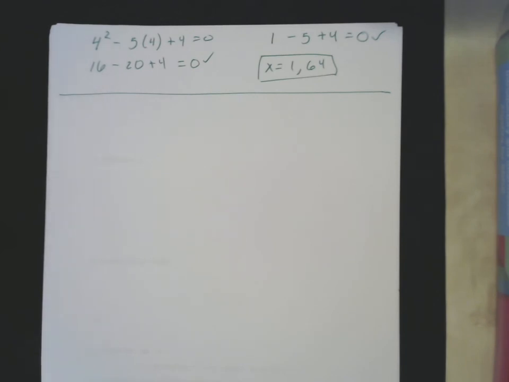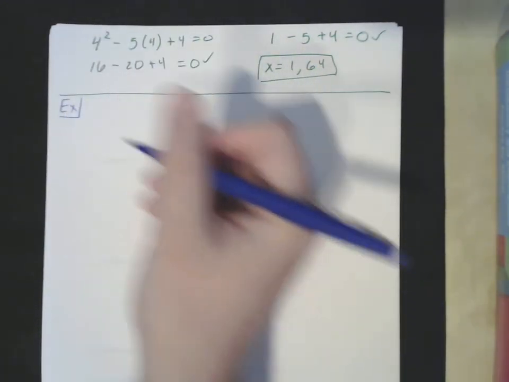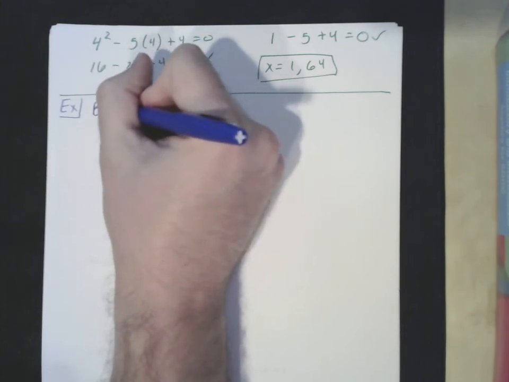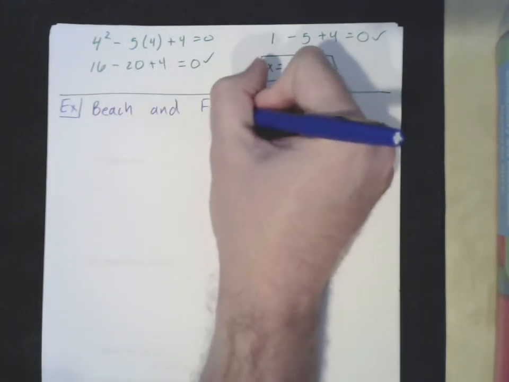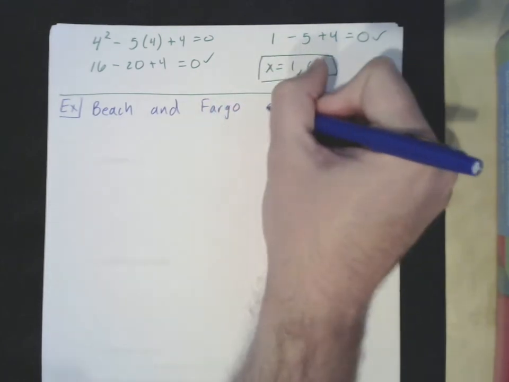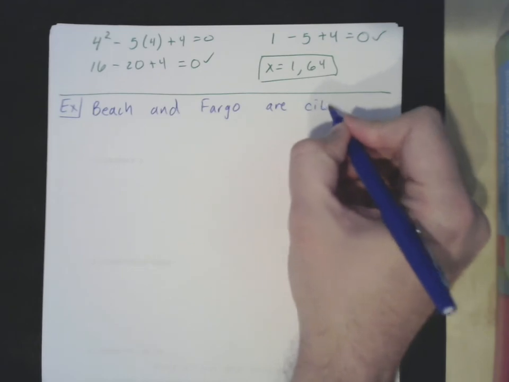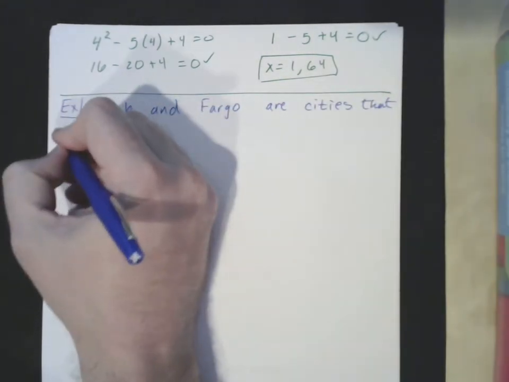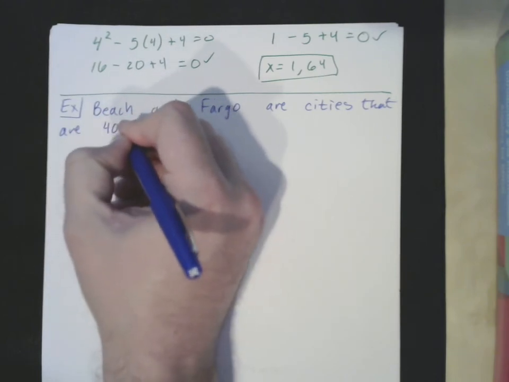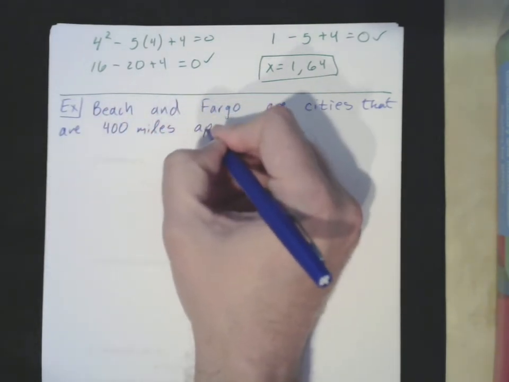All right, so let's take a look at a word problem that requires us to use quadratic methods. Beach and Fargo are cities that are about 400 miles apart.